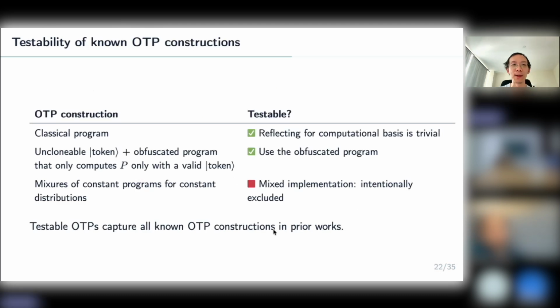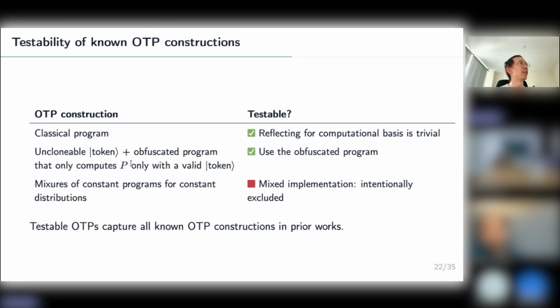Okay, but before I tell you that, maybe let me first highlight that it turns out that testability actually is a somewhat natural property of all existing one-time program constructions. So let's start with the easiest example. If your one-time program is just a classical program, then you can trivially augment it with a reflection oracle because you can always reflect around a computational basis state.